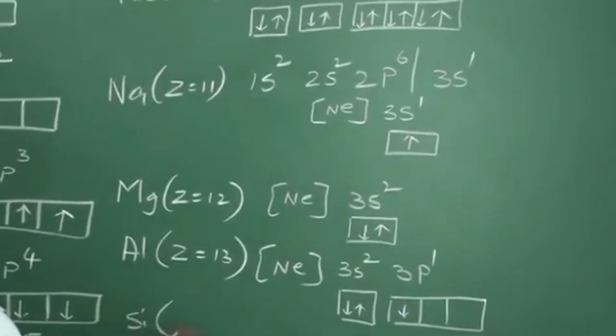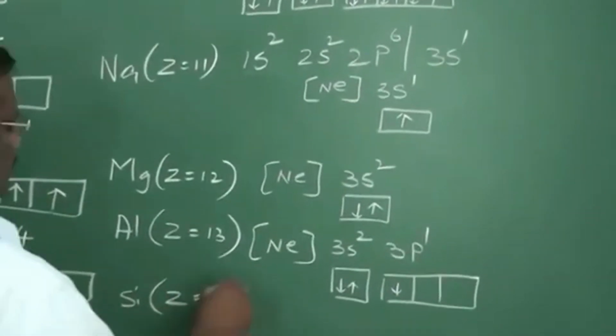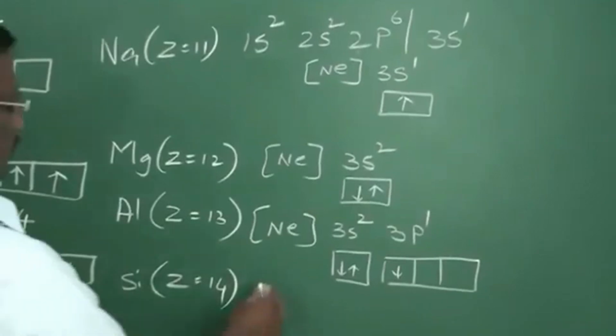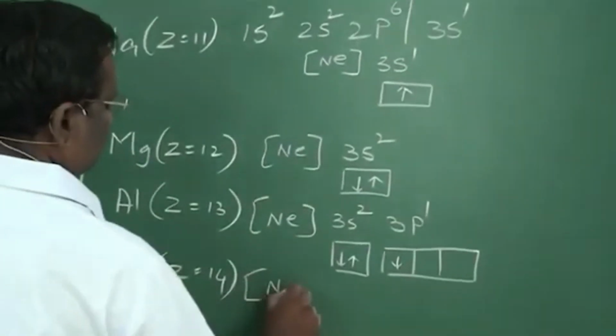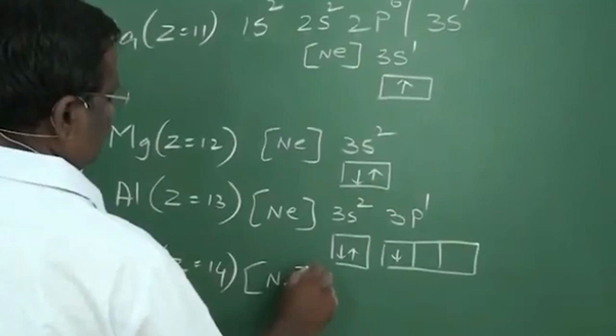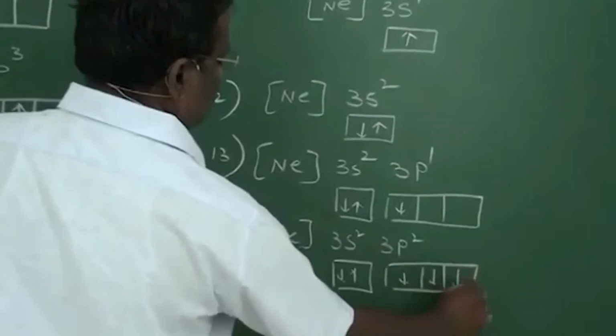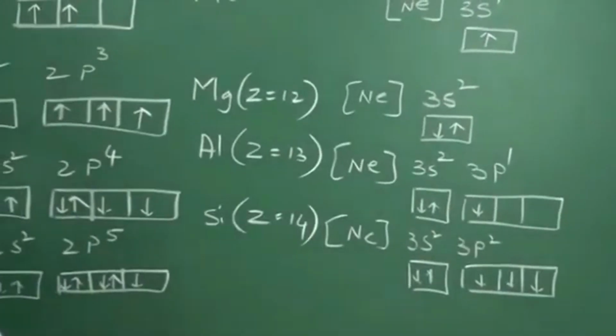Silicon, atomic number is 14. Here also the first 10 electrons are just like neon, then 3s2, 3p2.